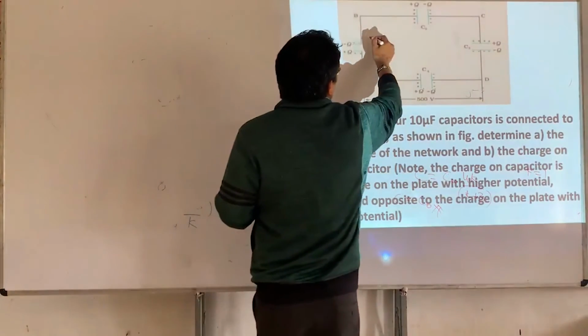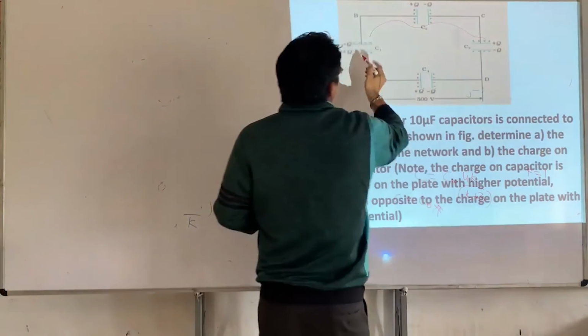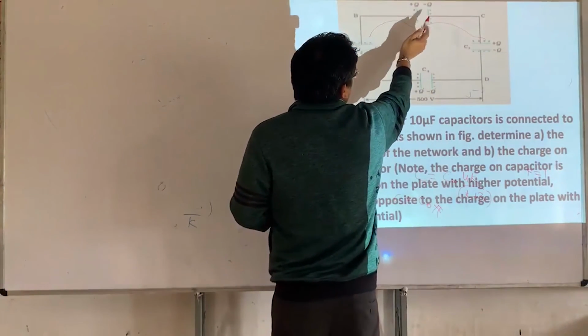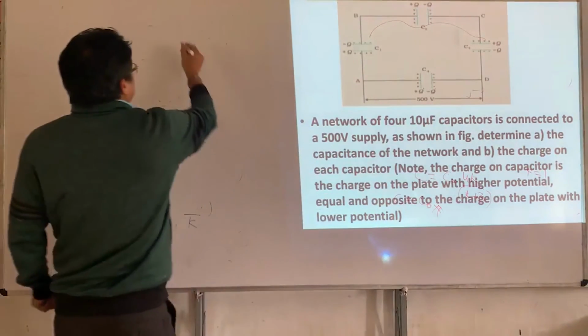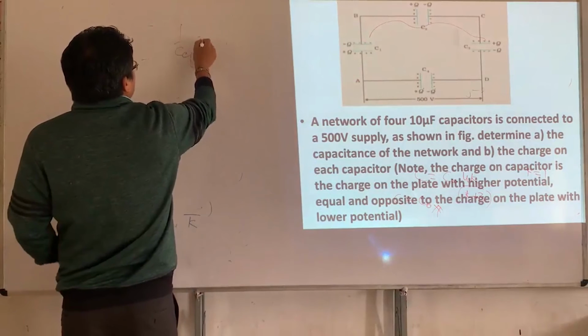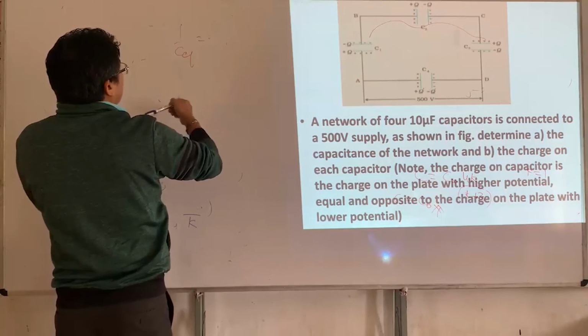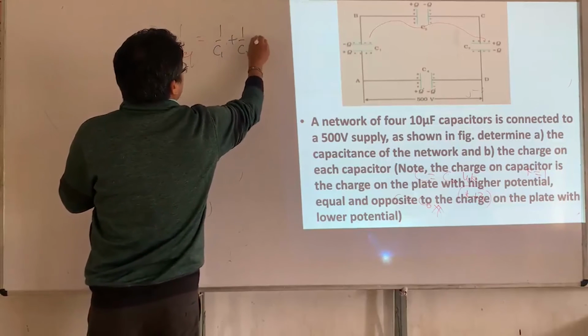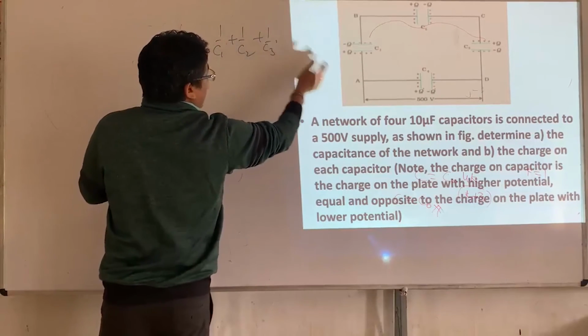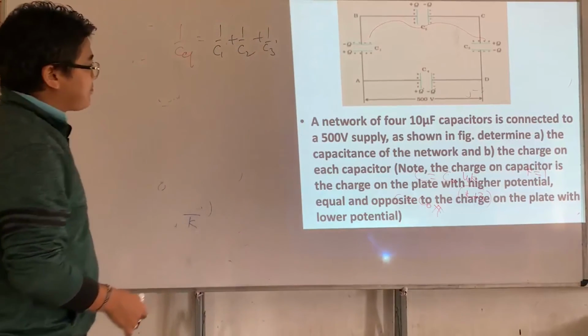So these three are in series. Look here. I told you series means negative is connected to positive, negative is connected to positive. Therefore these three are in series. So the equivalent is going to be 1 by C1, plus 1 by C2, plus 1 by C3. This is how you get this equivalent.